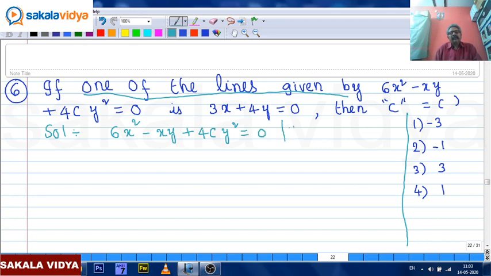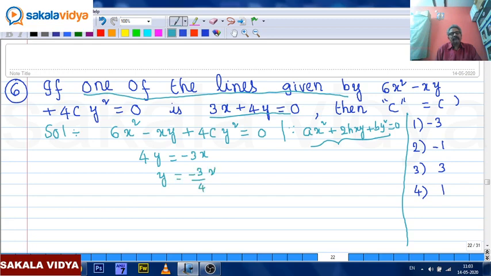Comparison with ax square plus 2hxy plus by square is not required, so leave it. One of the lines is given, which means we can write 4y equals minus 3x, so y equals minus 3 by 4 times x. This satisfies the equation, say equation 1.